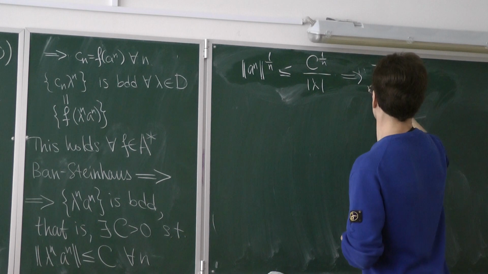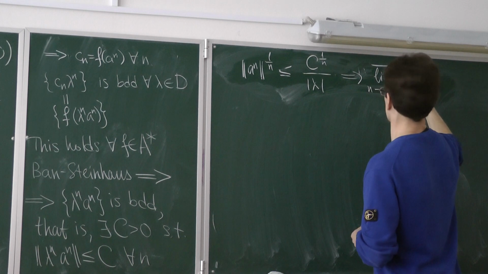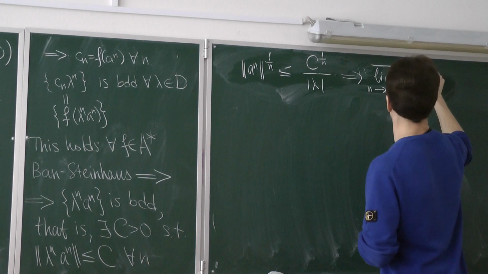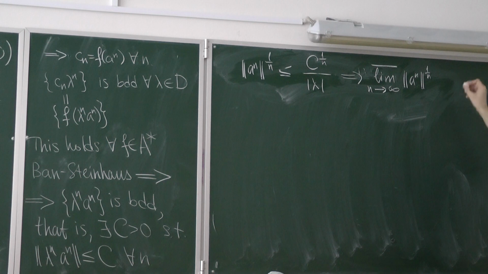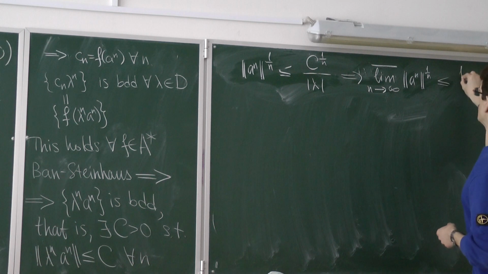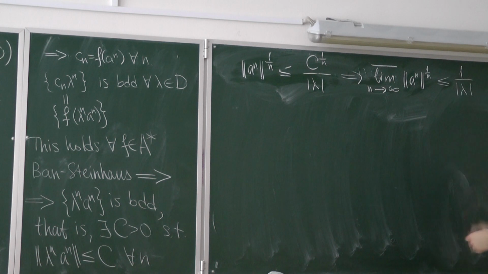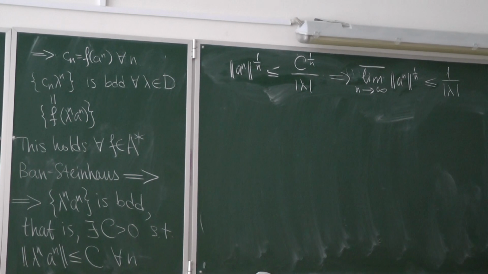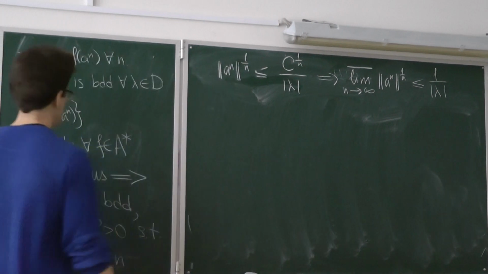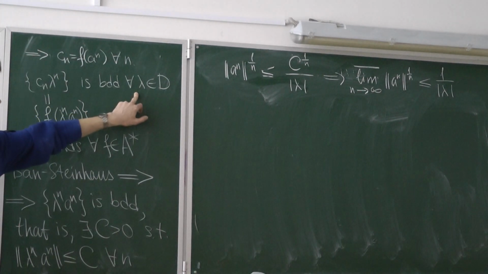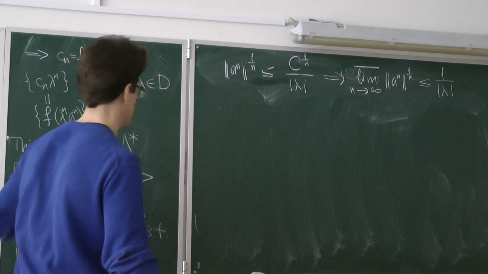So what do we see? C to the power 1 over n goes to 1. So this is less than or equal to 1 over the modulus of lambda. And now we recall that this inequality holds for each lambda in the disk. Well, here we assume that lambda is non-zero.